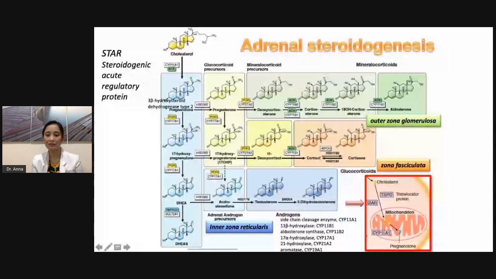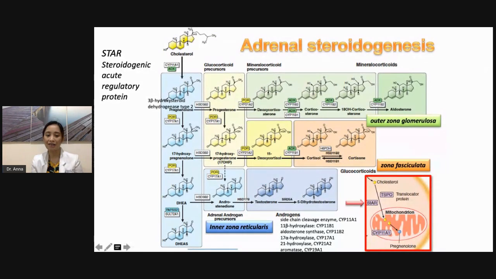So from the cytoplasm, remember that your precursor molecule is your cholesterol. It's the parent molecule of all steroid hormones. So your cholesterol enters your inner mitochondrion, and this is the first rate limiting step in adrenal steroidogenesis, the entry of your cholesterol into your inner mitochondrial layer.